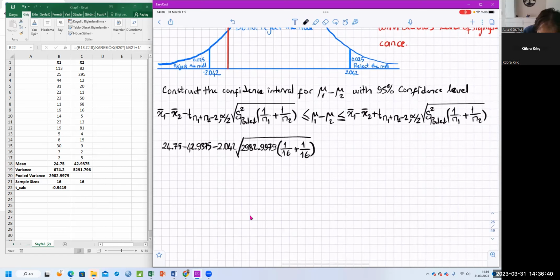And this is within the square root. And I have plus or minus for mu1 minus mu2.